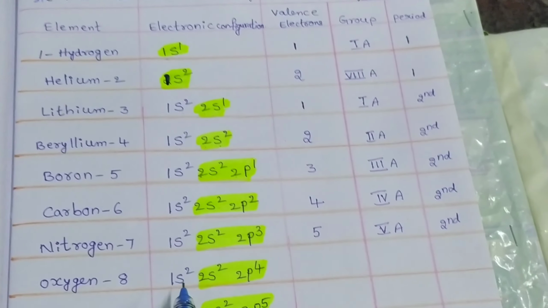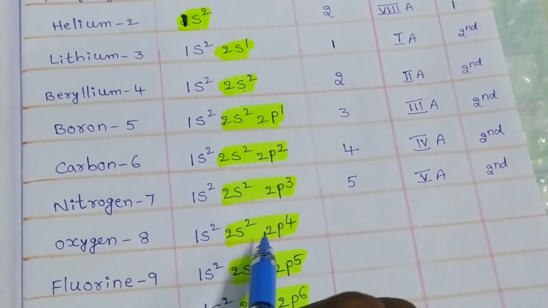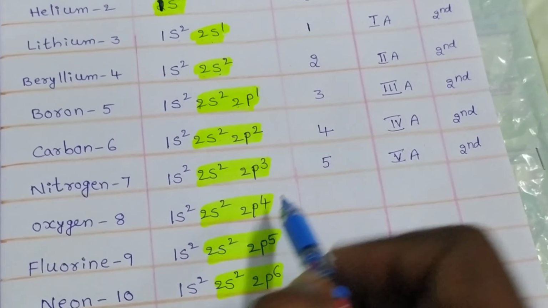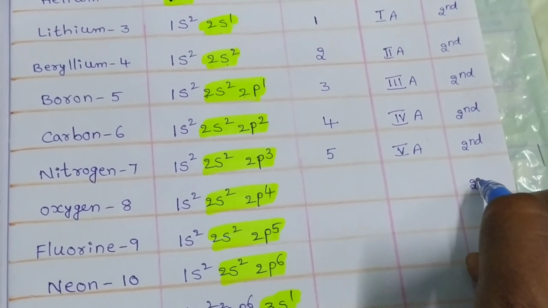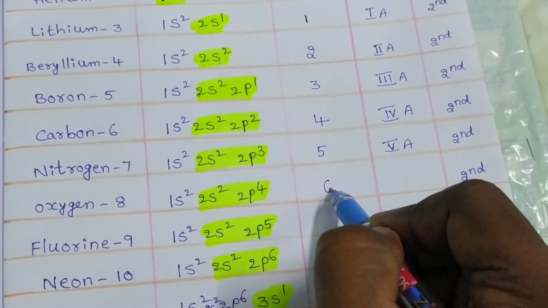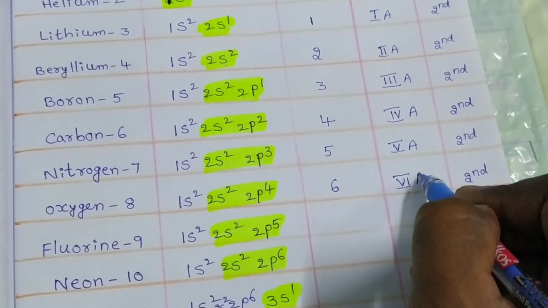Next, oxygen. Oxygen electronic configuration is 1s2 2s2 2p4. The outermost orbit is the second orbit, so oxygen belongs to second period. It contains 6 valency electrons, so its group number is 6th A group.